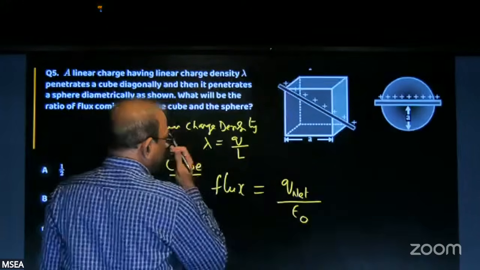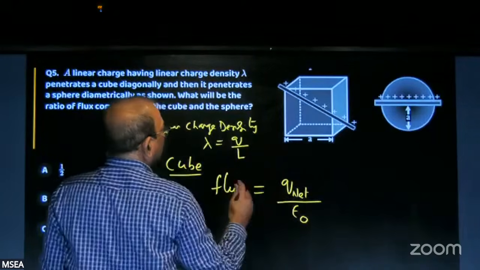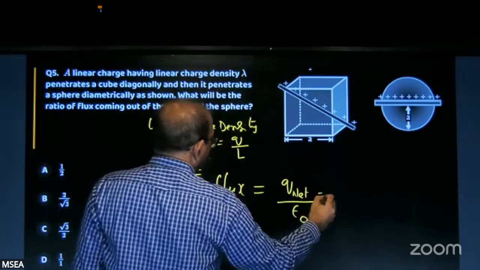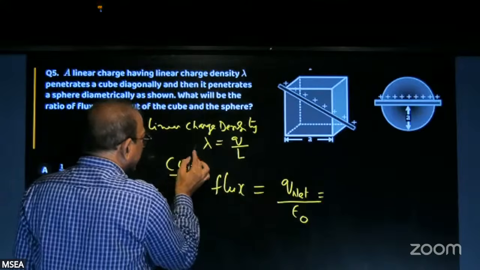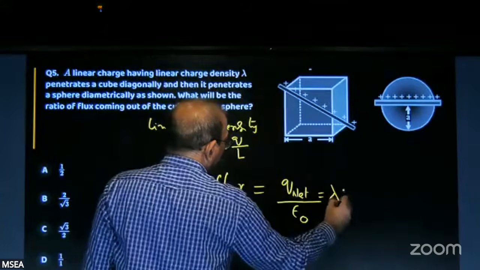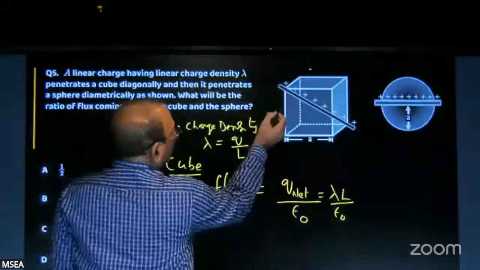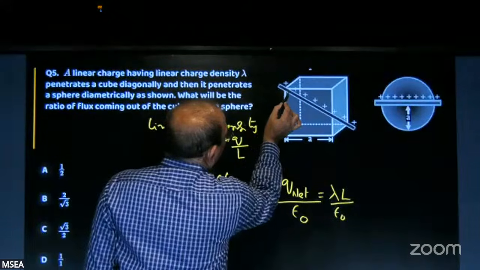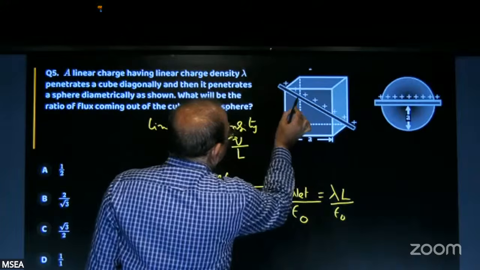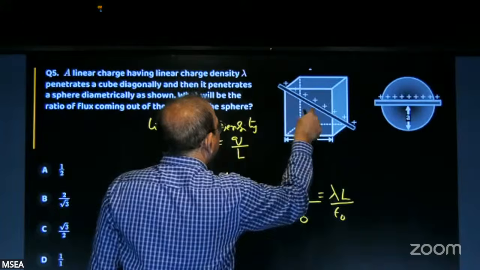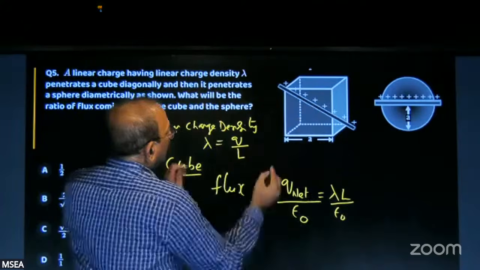Then what is the charge on this wire? On a portion of this wire, the charge is lambda into the length of that portion, by epsilon naught. So what is this portion length? Whatever portion of this wire is embedded inside the cube, that portion length.